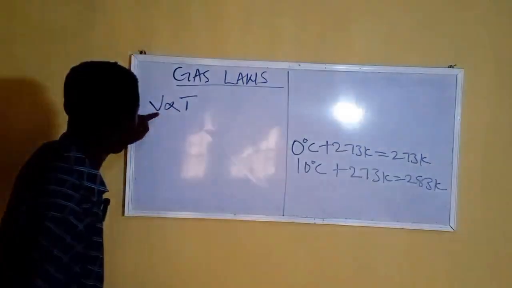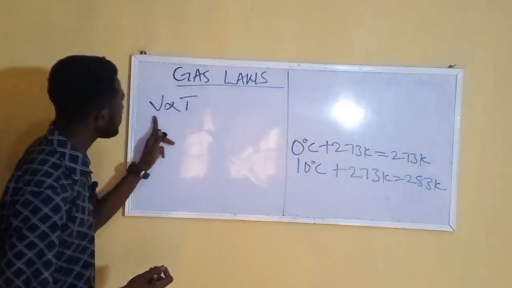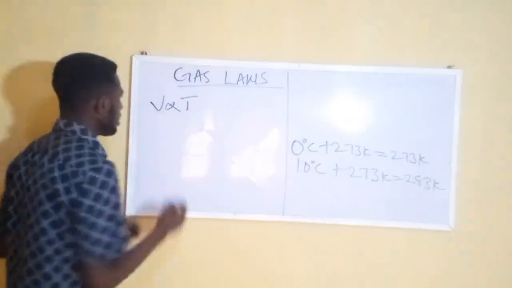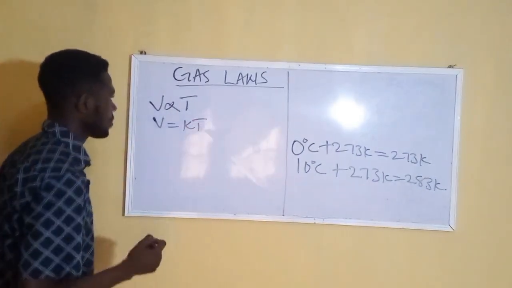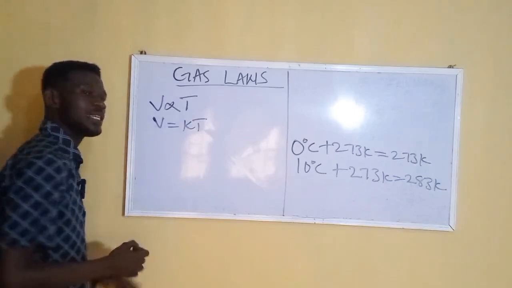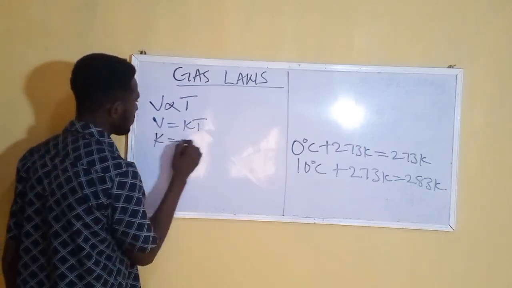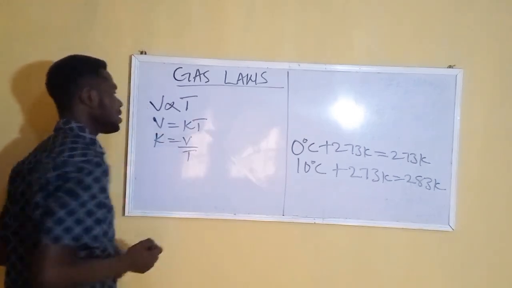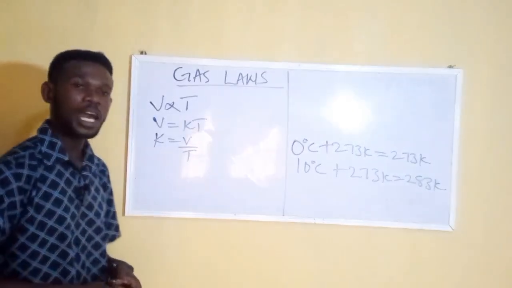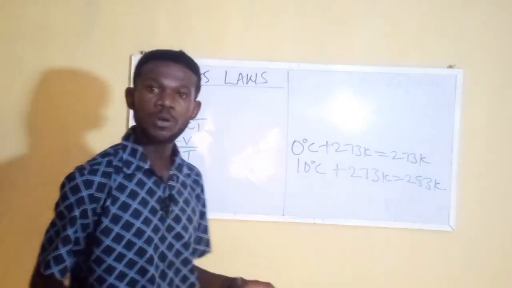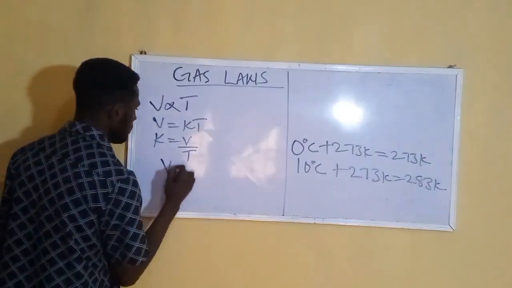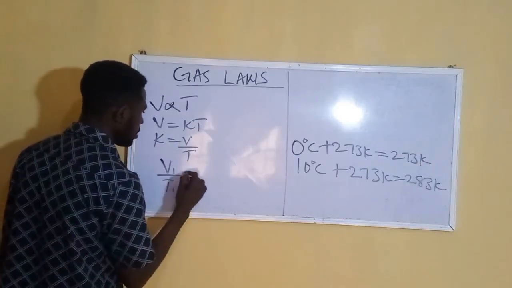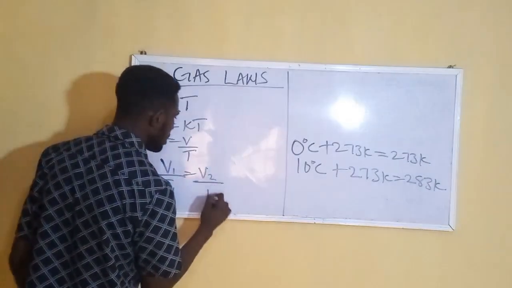Now we have to come back to this, because when you have V directly proportional to T, this can also be written as V equals KT, and we can have K given as V over T. In a case where we have multiple volumes or multiple temperatures, you have the equation given as V1 over T1 equals V2 over T2.